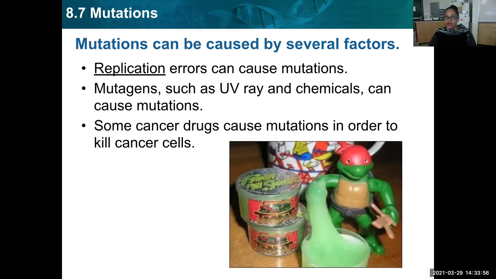Too many UV rays and you can get skin cancer. So there's your cancer mutation. And then there's cancer drugs that actually cause mutations on purpose in order to kill cancer cells. So sometimes we take this process and we turn it around and we do it on purpose in order to benefit us.